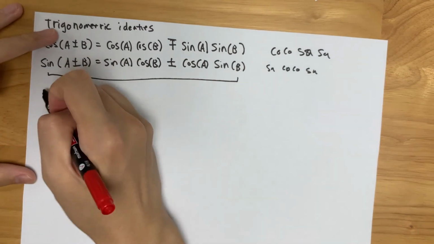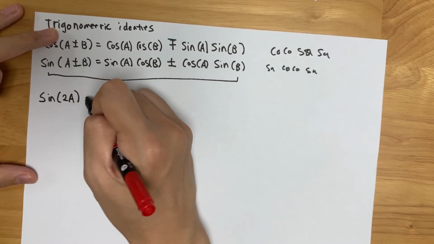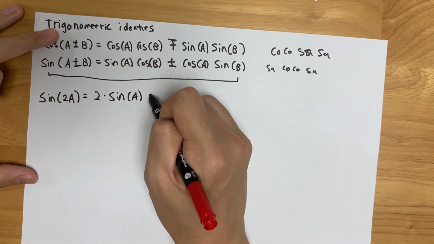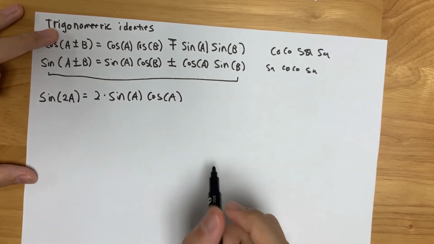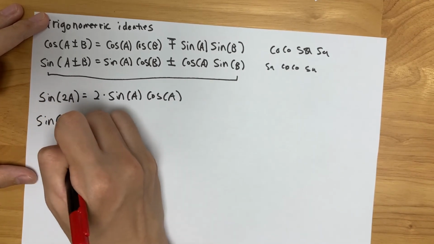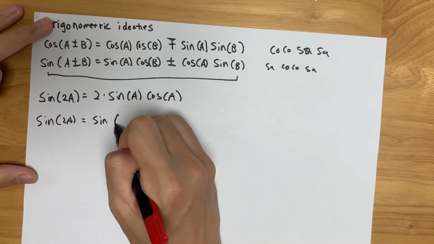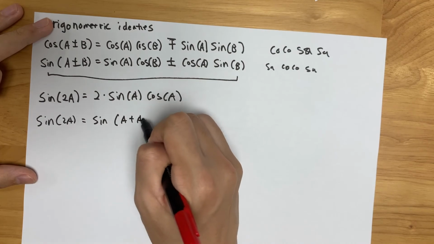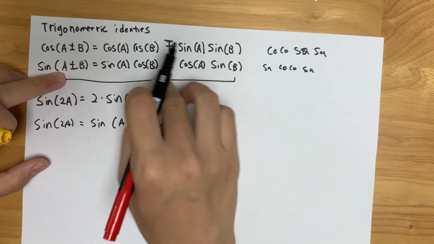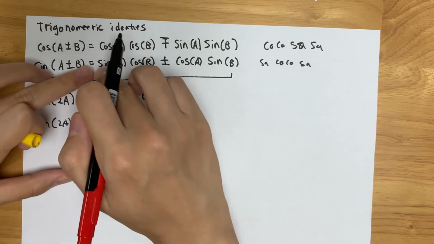But let's prove sine of 2a, which you probably saw, is 2 sine a cosine a. Instead of memorizing it, let's use this formula. Sine of 2a is equal to sine of a plus a. We use B differently here, but it doesn't mean B is different, so don't get confused.